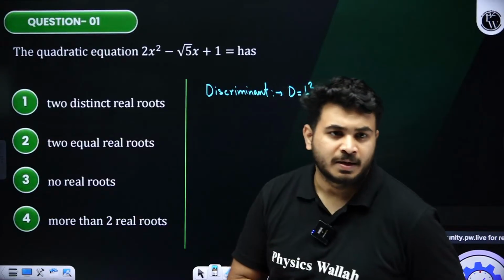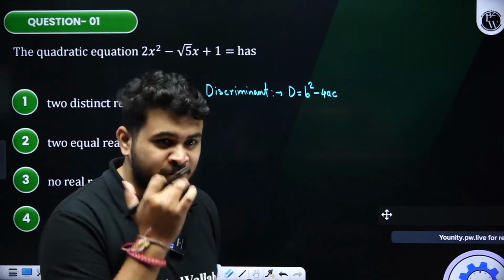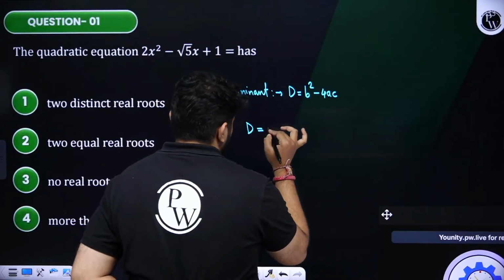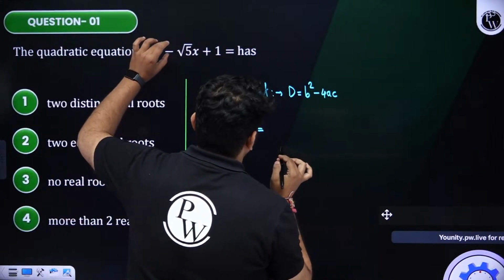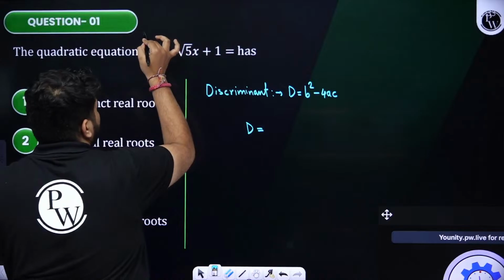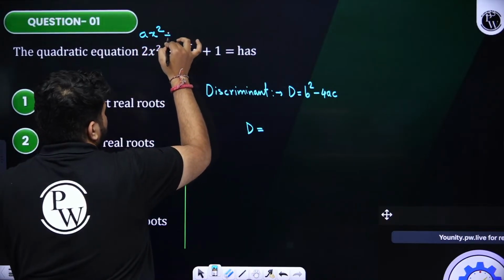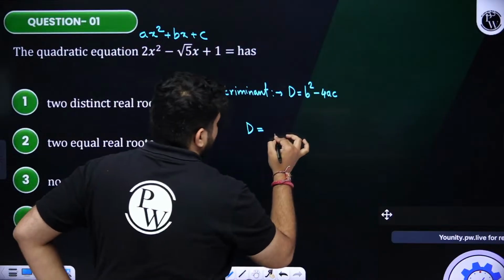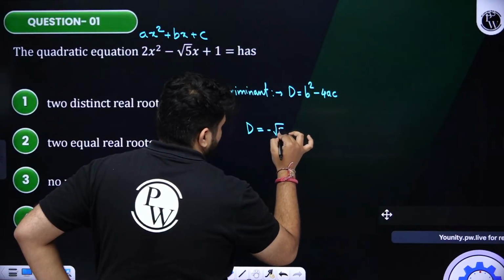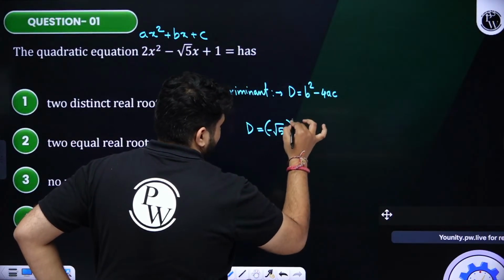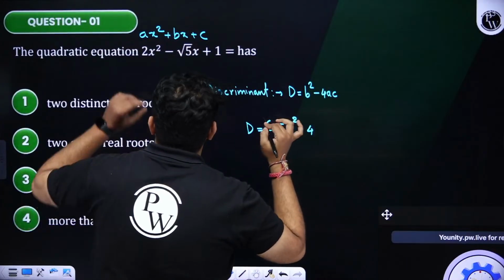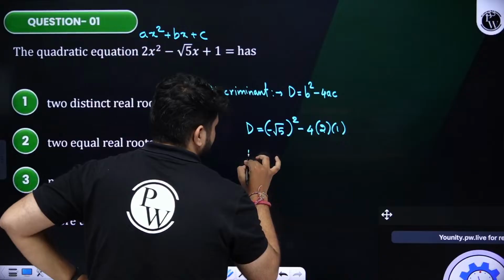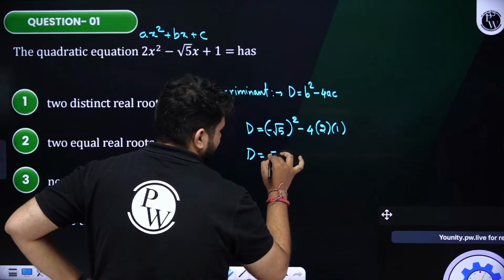This is ax square plus bx plus c. So b square will be minus root 5 whole square, minus 4 times a value 2, c value is 1 over here. Now d value is minus root 5 whole square, which is 5.